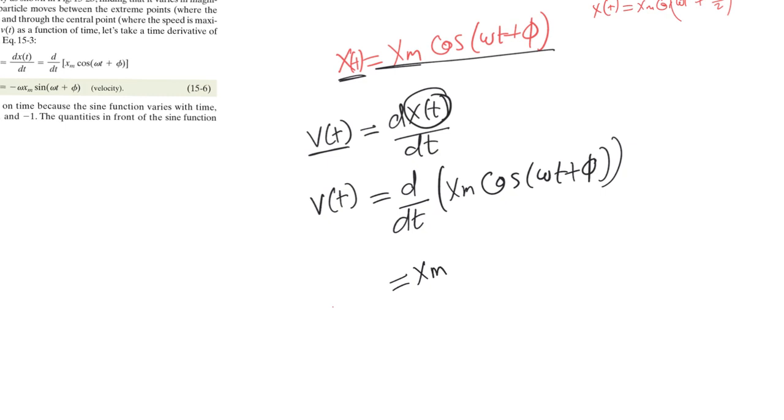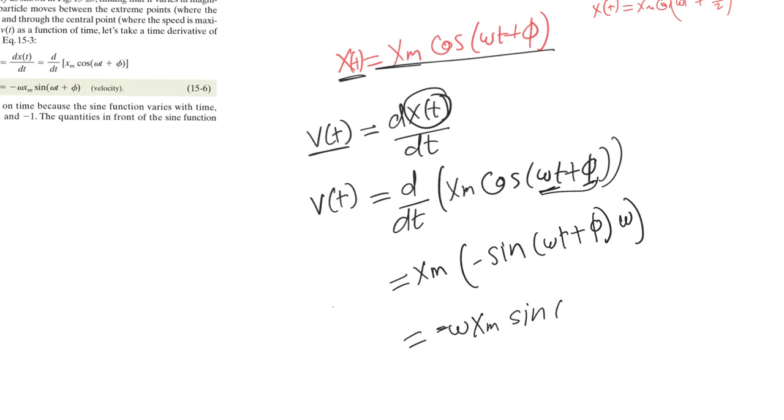The derivative of the cosine with respect to t is minus sine, so minus sine of omega t plus phi, and inside the cosine the derivative with respect to t gives omega, and phi gives 0, so we multiply by omega, and we get minus omega xm sine omega t plus phi.